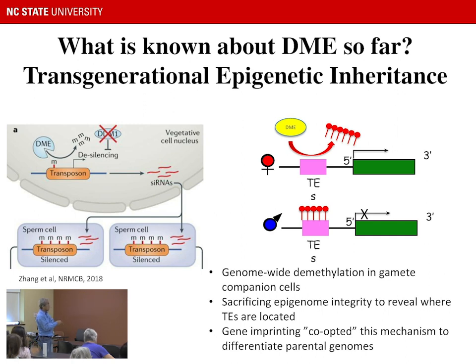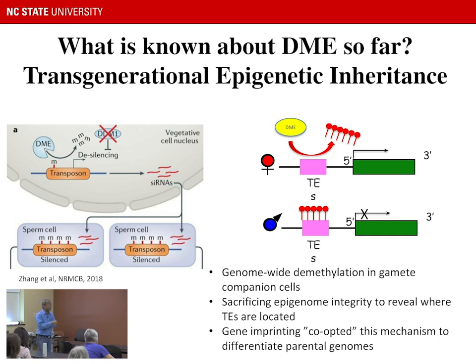So if we have a mutant allele in pollen, we can actually see that if this demethylation doesn't occur, the sperm methylation decreases. So the function of demethylation here is to reinforce the methylation in the sperm cell.